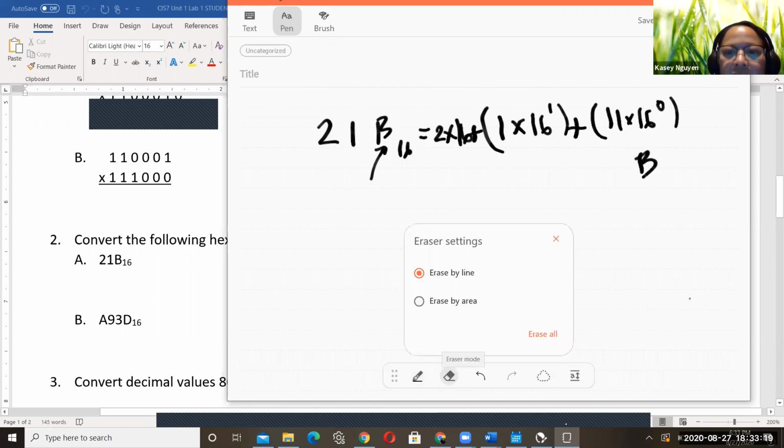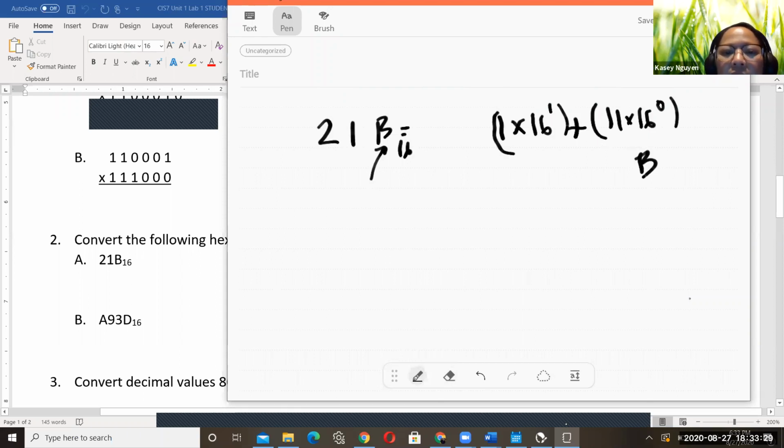Sorry, let me erase this real quick to make it fit. Then we're going to take 2 times 16 to the second.